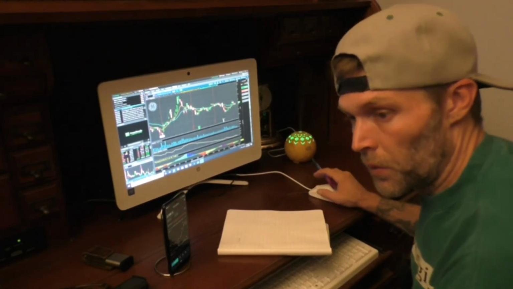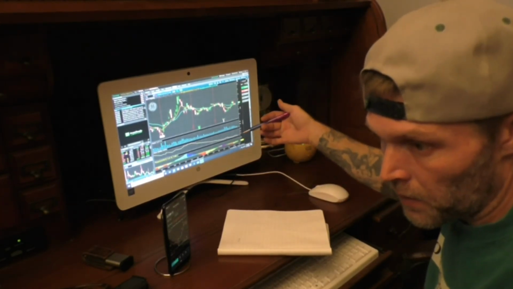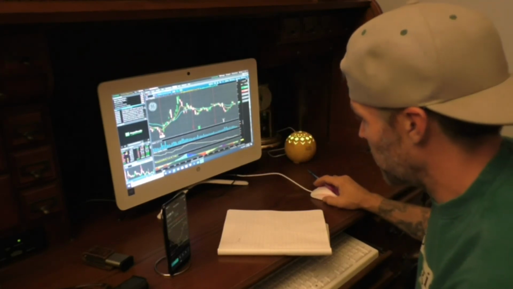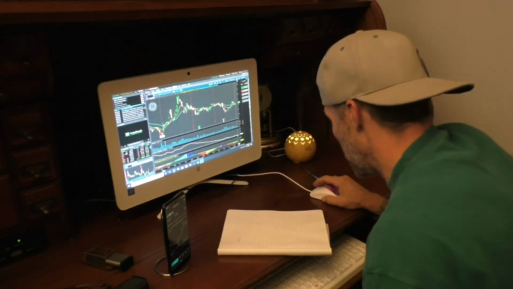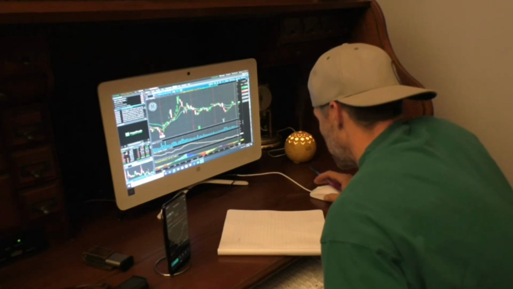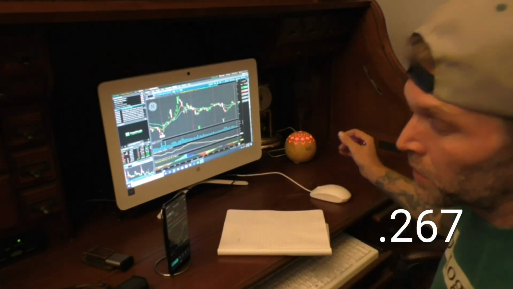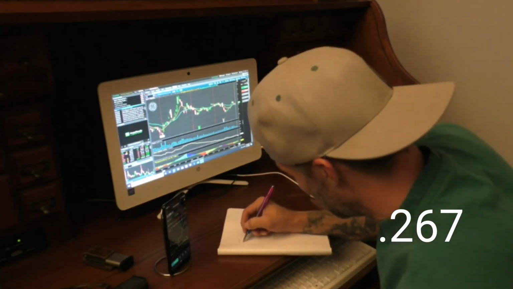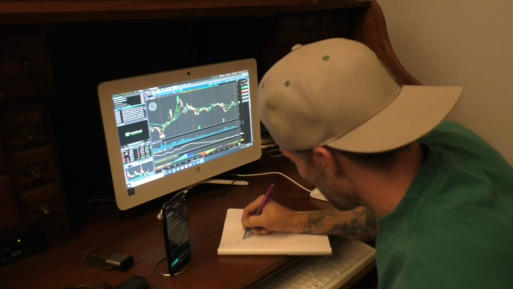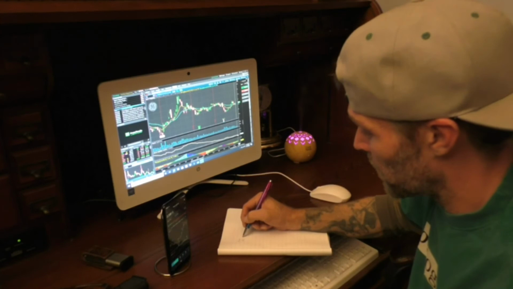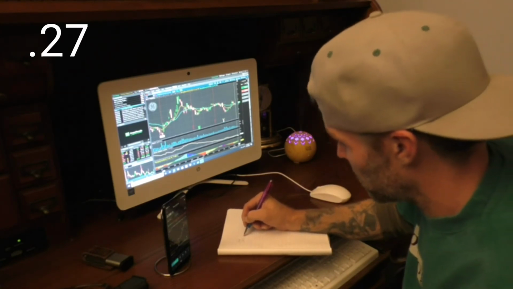So how do we do our exit and our limit gains? We're going to look at this and we're going to come down here and realize that this thing is moving at right now 0.267. So let's just go ahead and call that 27 cents.